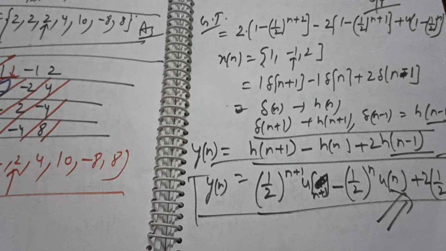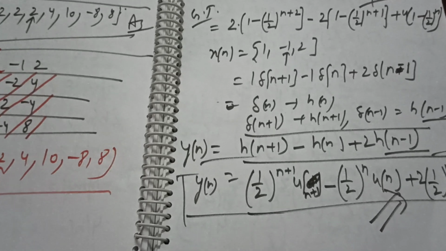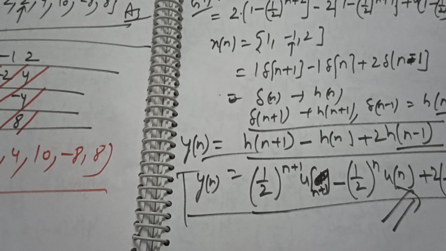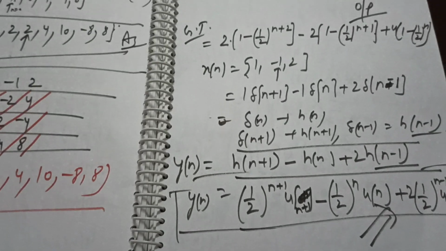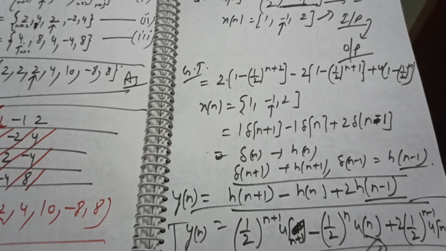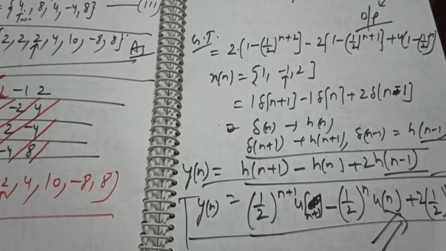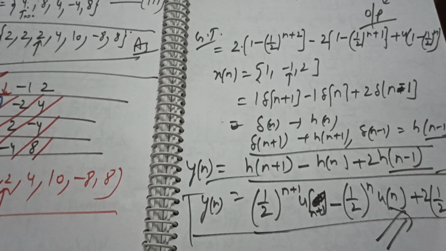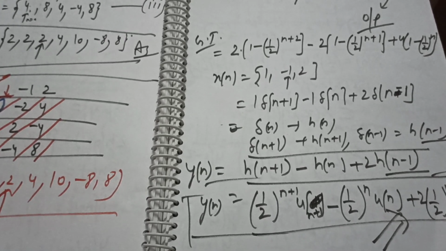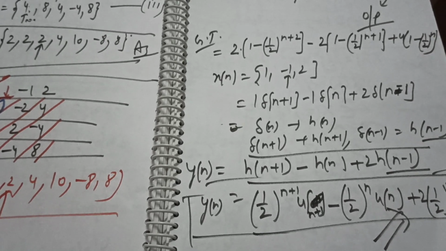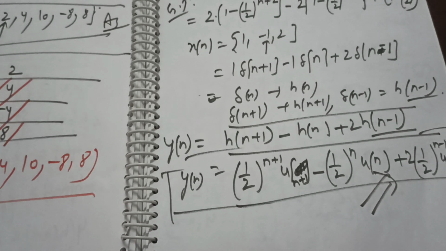Now look at this. After writing the signals in the discrete domain, again applying the basics of a linear time invariant system, that is LTI system: if the output of delta[n] is (1/2)^n u[n], because (1/2)^n u[n] is the impulse response, then the output of delta[n+1] minus delta[n] plus 2 delta[n-1] will be in terms of h[n]. Delta[n+1] gives h[n+1], and delta[n-1] gives h[n-1].